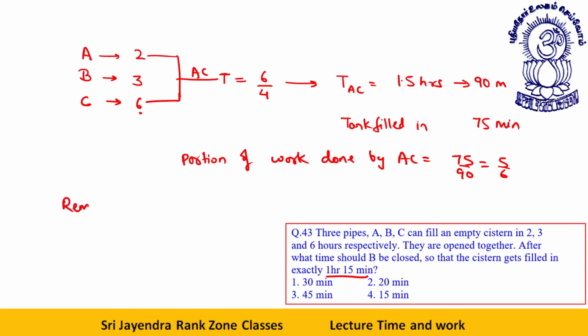Remaining is done by B. How much is this? 1/6 work. Time given by B will be what? 1/6 of the time taken by B, that is half an hour, that is 30 minutes. Therefore, B did the work for half an hour.